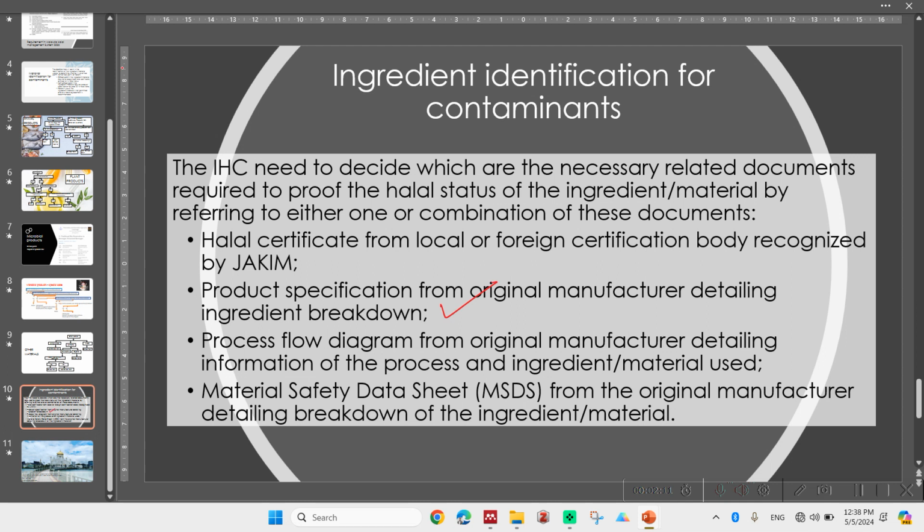We can also request a flow diagram, a material safety data sheet, and a laboratory report. The aim of having the product specification and material safety data sheet is to make sure the document spells out the origin of those ingredients.